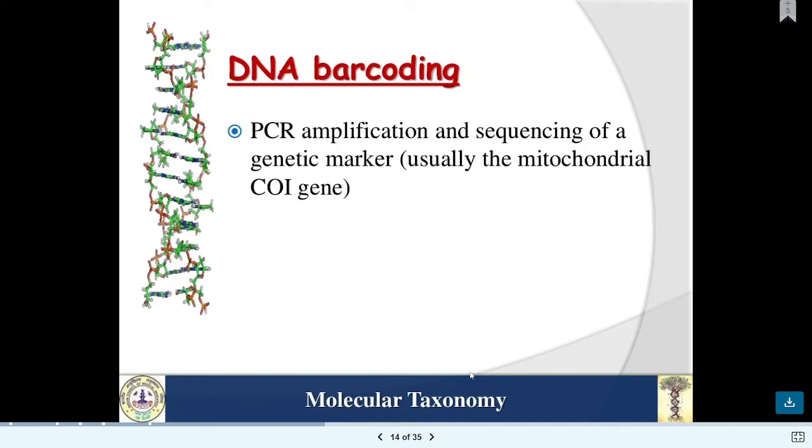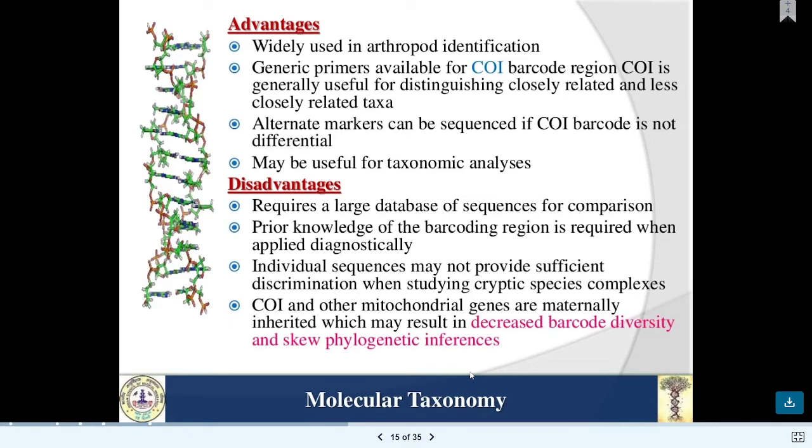The next one is DNA barcoding. Now, what is meant by DNA barcoding? It is the PCR amplification and sequencing of particular genetic markers, usually the mitochondrial cytochrome oxidase 1 gene. COI means cytochrome oxidase 1 gene. Advantages: widely used in arthropod identification.